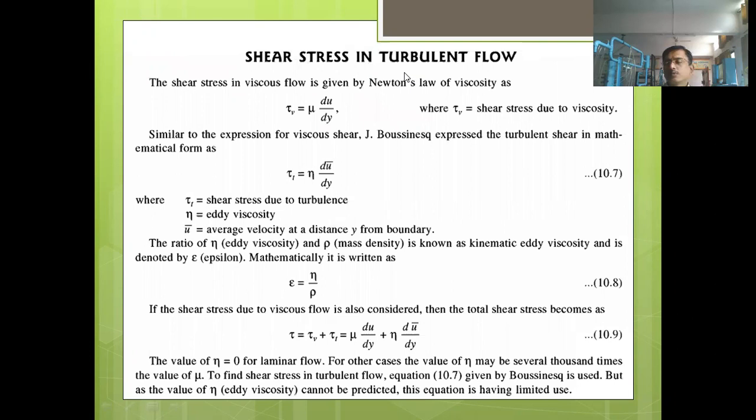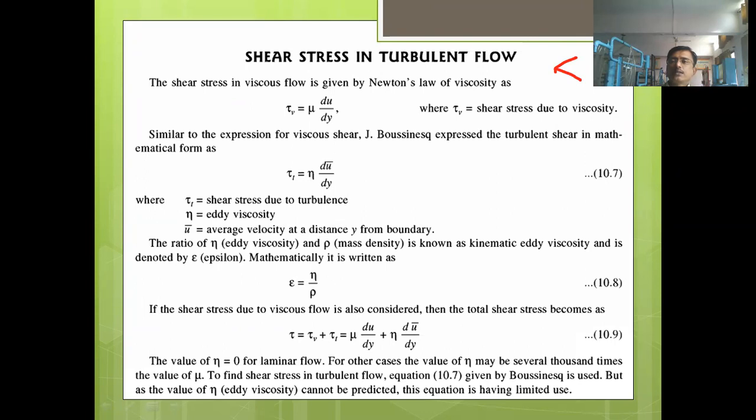Shear stress in turbulent flow. Newton has given the equation to find the shear stress in case of viscous flow or laminar flow. That equation we have studied: tau is equal to mu into du by dy.